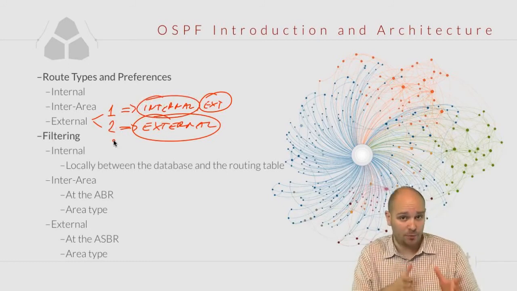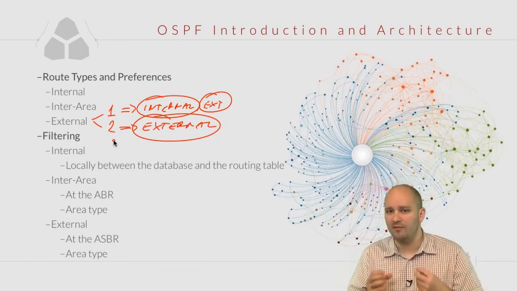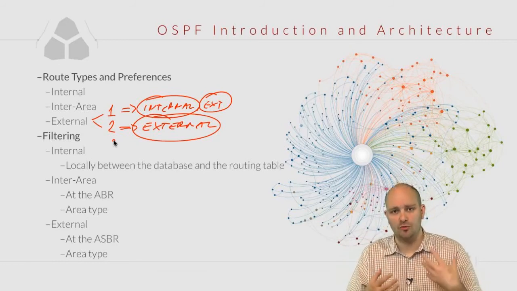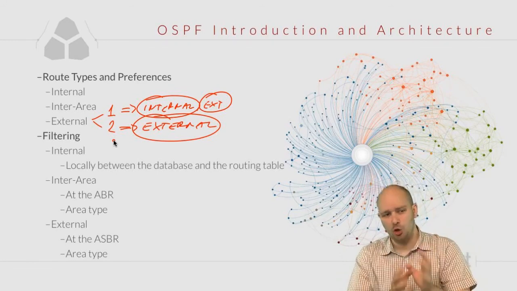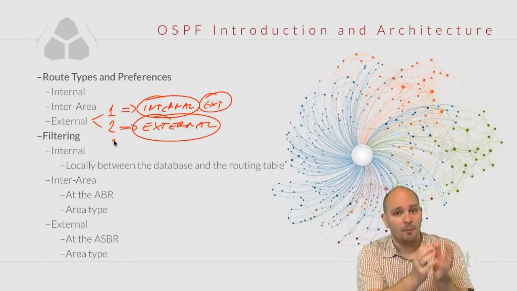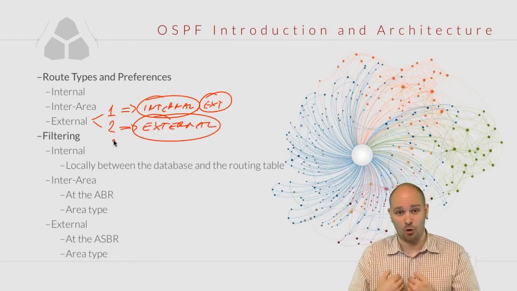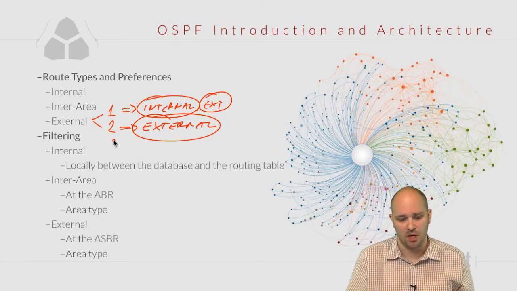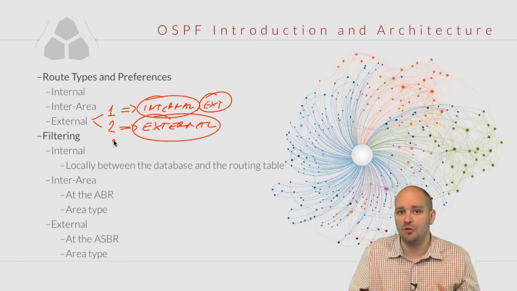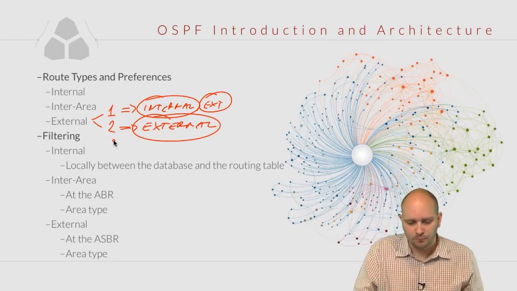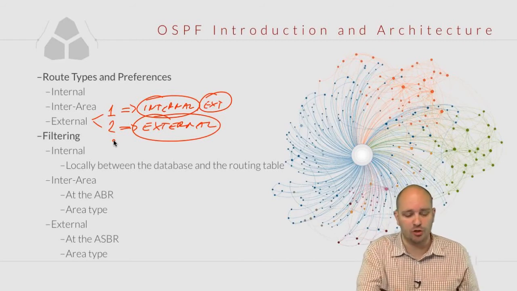So in a case of type 2 metrics for the external routes, we are going to give a little bit more preference to the routes that are cheaper on the outside, but we don't care how much it costs us to actually reach the ASBR. But for type 1 metrics, we actually do care what is our cost to reach the ASBR. So again, OSPF gives you the capability to give preference to one or the other type of calculation depending on what you are trying to do in your network.